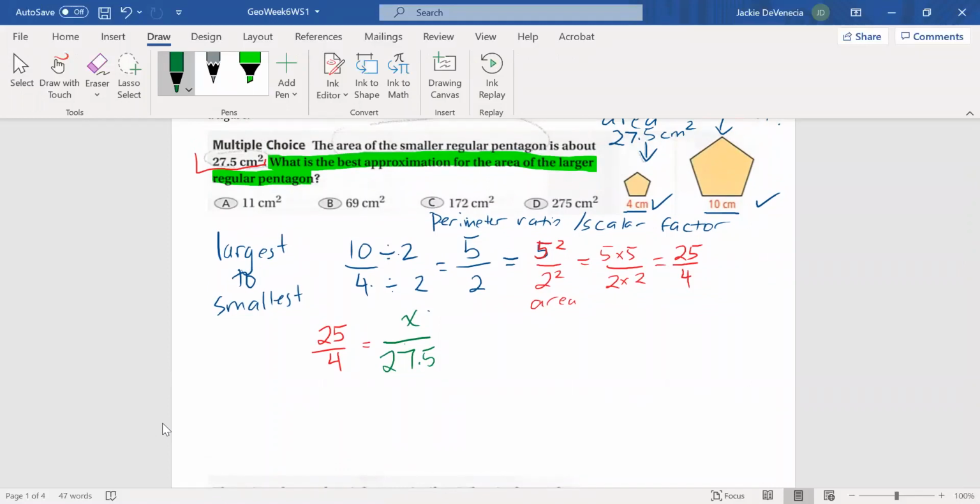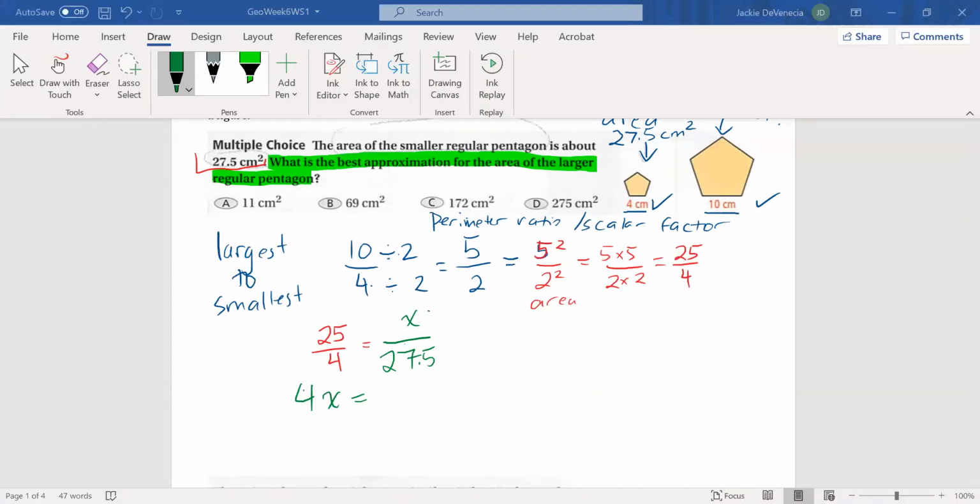We're going to do cross multiplication. So I'm going to do 4 times X, which is 4X, and then 27.5 times 25.